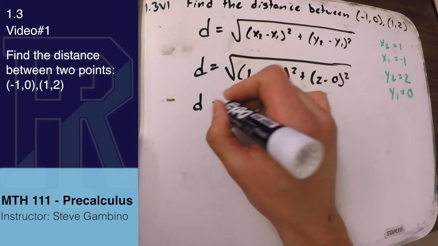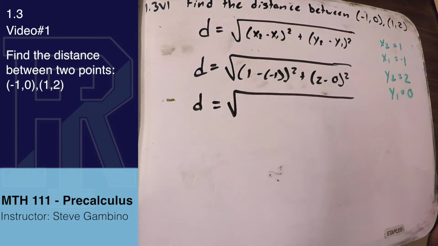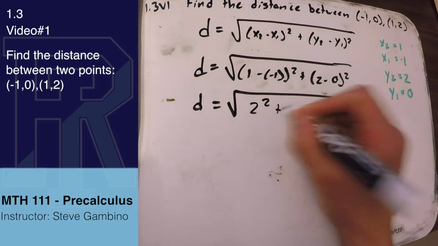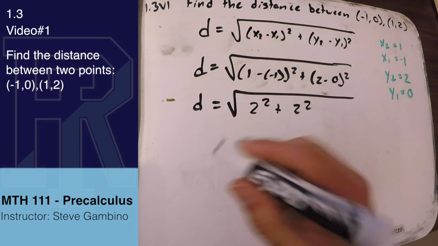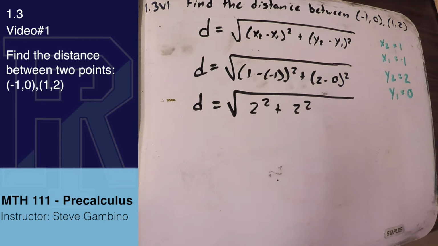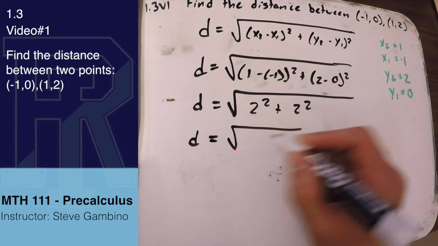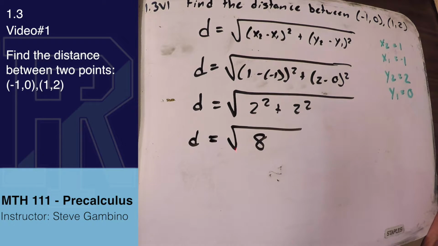Right, so from here, it's just a matter of doing out the algebra. 1 minus -1 is 2, that's 2 squared, plus 2 minus 0 is 2, that's also 2 squared. 2 squared is 4, plus 4 is going to be 8, so I'll have d is equal to the square root of 8.